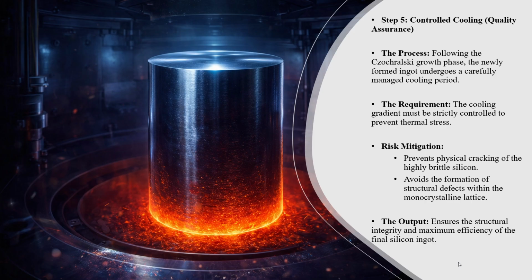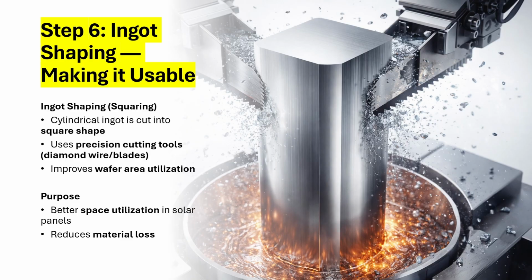The ingot currently looks cylindrical in shape, but solar wafers are usually square or rectangular. So they cut the sides of the ingot. This process is called squaring. Why do they do this? For better space utilization in solar panels, it reduces energy loss, and it gives packing efficiency.